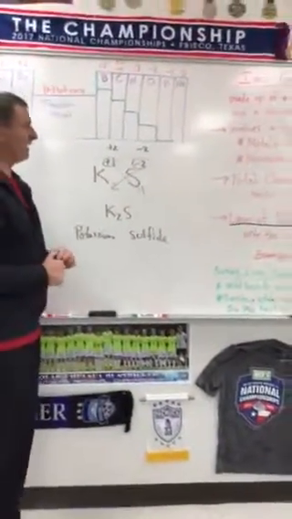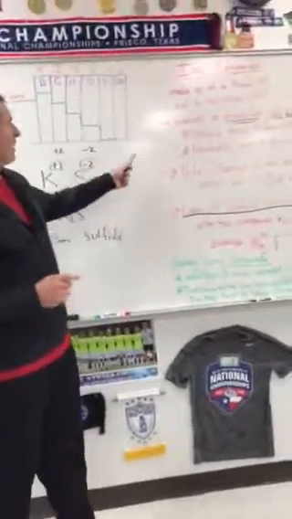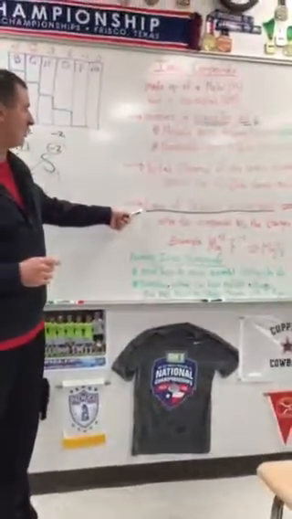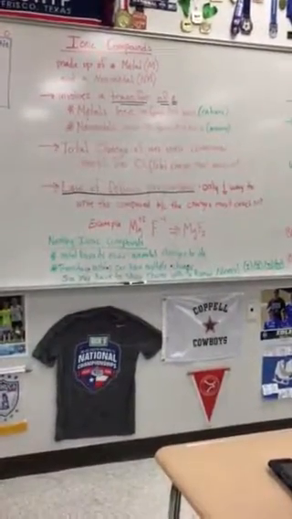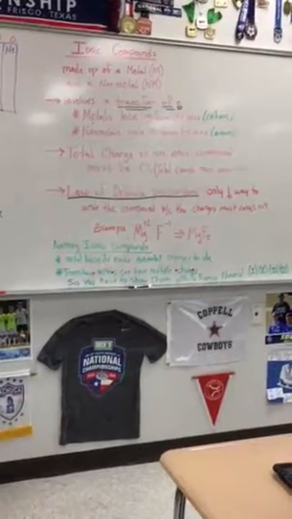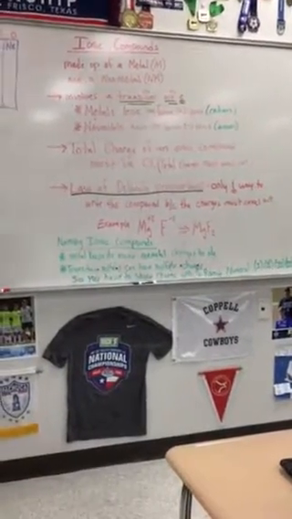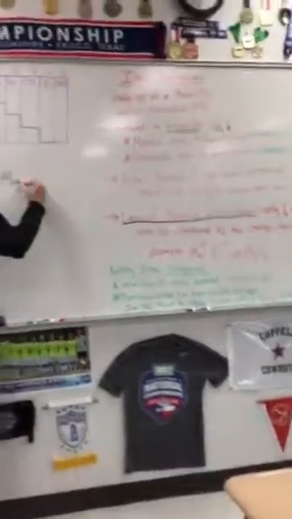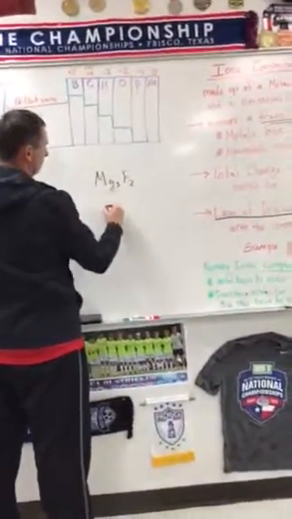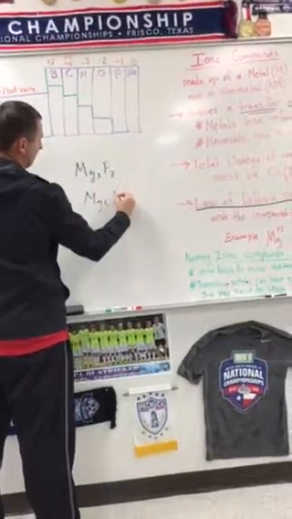All right? Now, one thing that's important to understand with ionic compounds is they follow what's called the law of definite proportions, which means there's only one way to write the compound because the charges have to cancel out. So if I have Mg and F together, I couldn't have Mg3F2 or Mg5F7.